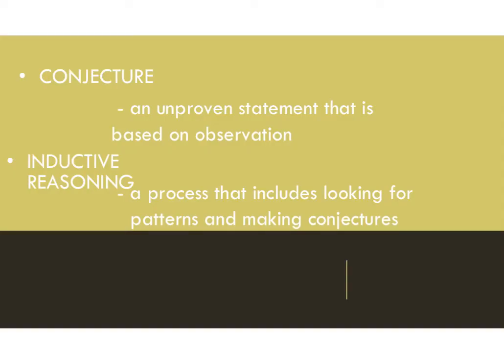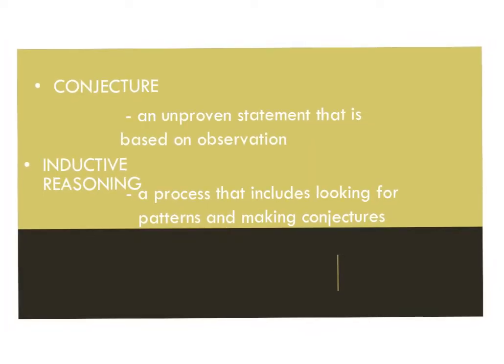All right, so conjecture. Two of the vocab words that we are learning in this lesson are conjecture and inductive reasoning. A conjecture is an unproven statement that is based on an observation. So if you see something and you make an observation about it, for example, when my friend goes to the movies, they eat popcorn. That could be an unproven statement.